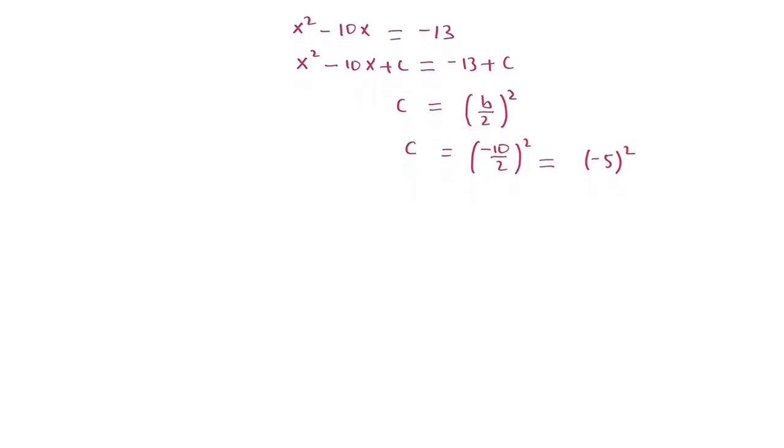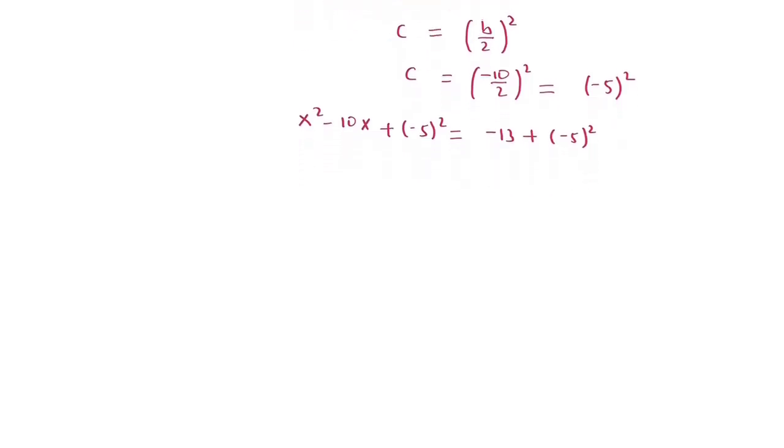Going back to our main equation and substituting this, our equation is x squared minus 10x plus (negative 5) squared equals negative 13 plus (negative 5) squared.